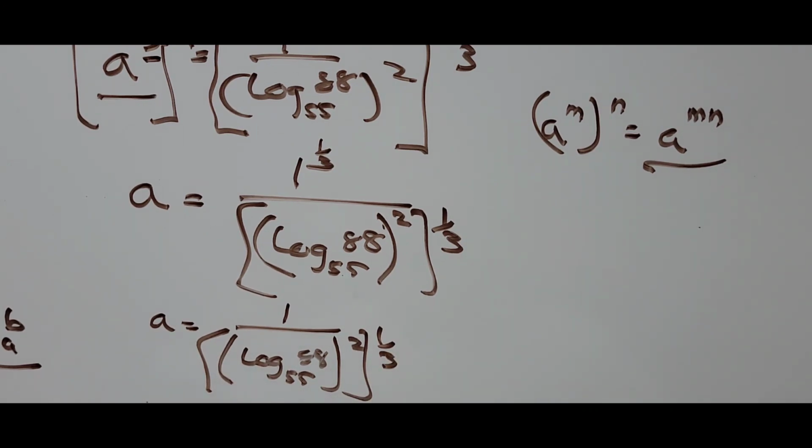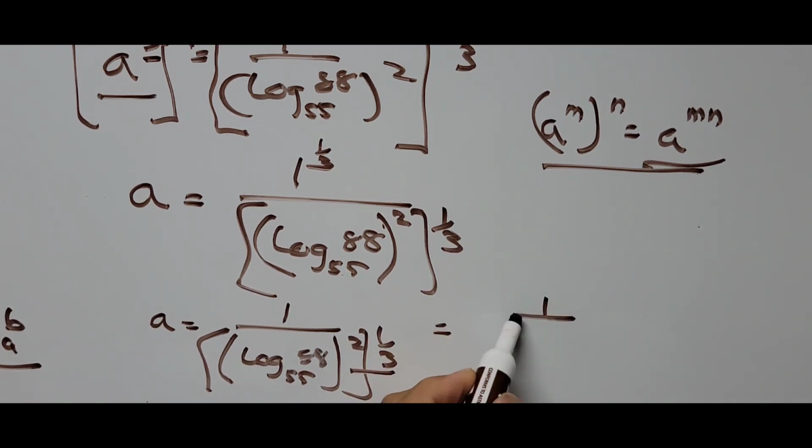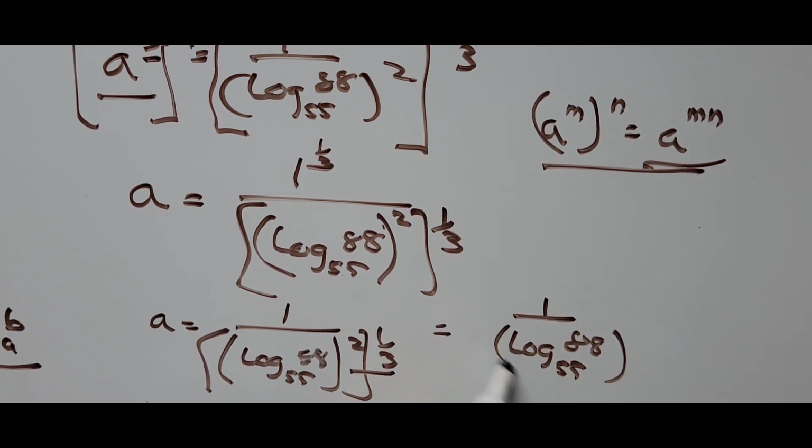And once again, we're using this exponent rule, a raised to m raised to n. We end up multiplying the exponents. So this is now 1 divided by logarithm of 88 base 55 raised to the 2/3.